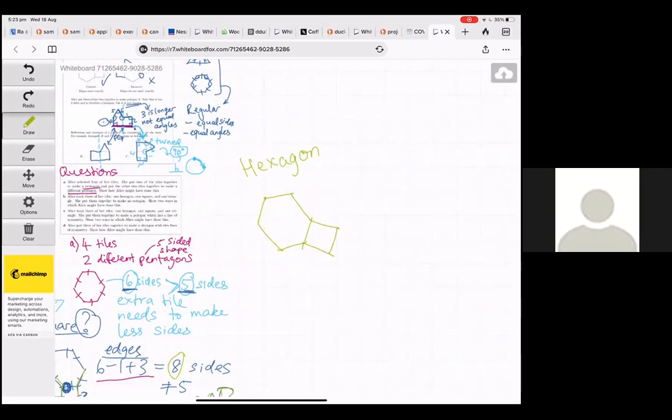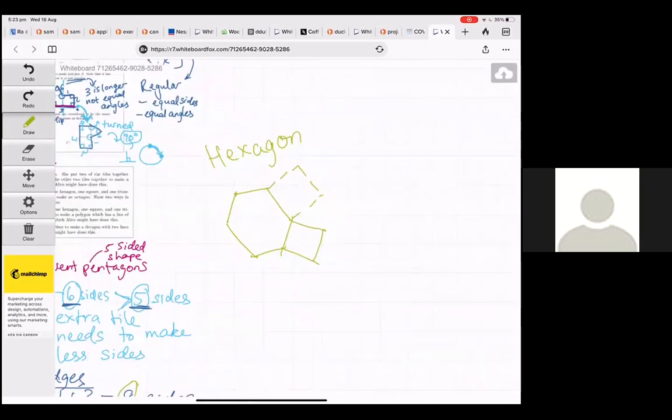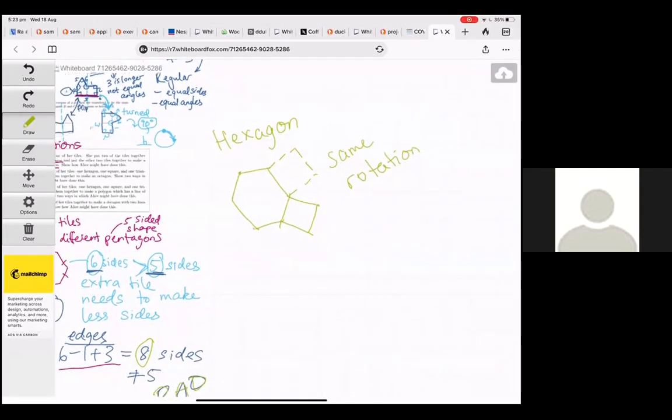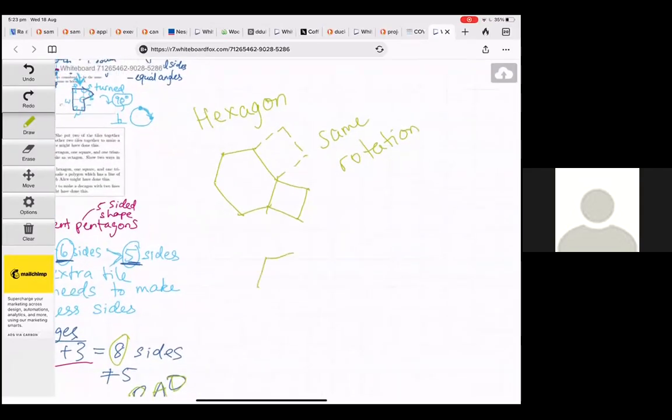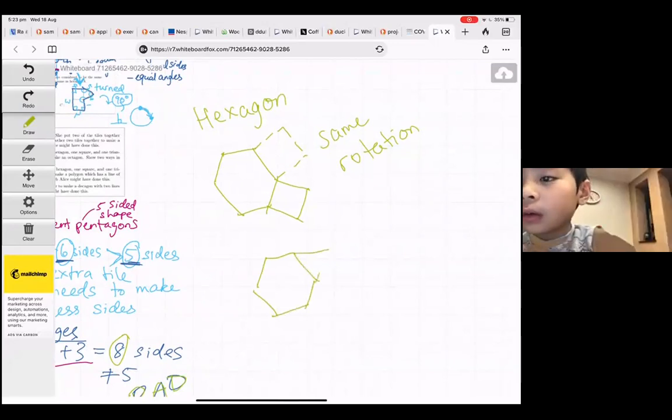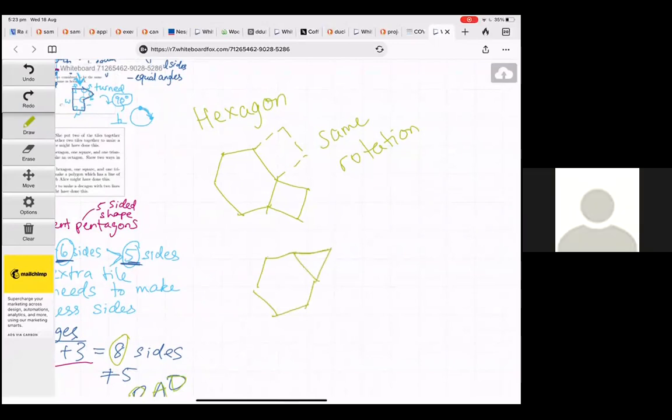No, because it's the same, it's just on a different angle. Yeah, exactly. These are all the same because it's just rotation. That's what it means to turn it. Okay, what about if I add the triangle on? Then that'll be a different one, compared to where I put it originally, which was up here.